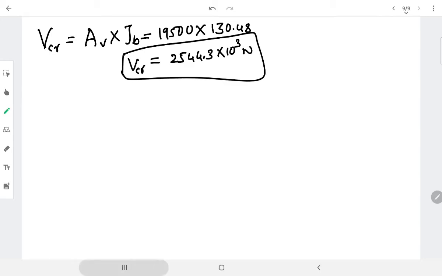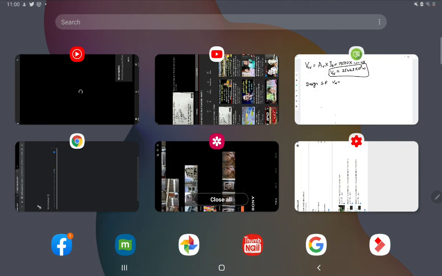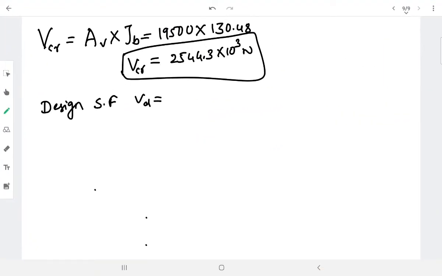Then afterwards, the design shear force. Design shear force is nothing but VD, which equals VCR divided by gamma MO. VCR is 2544.3 into 10 raised to 3, divided by gamma MO, which is 1.1.